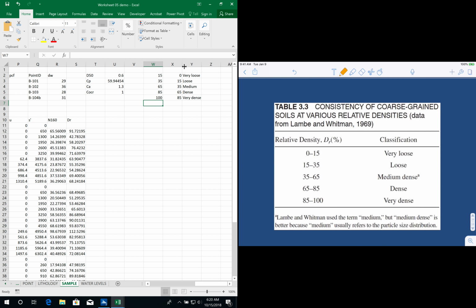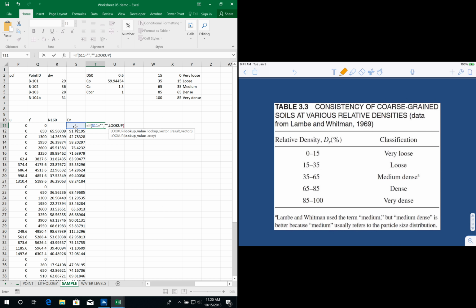And so we can set this up as one more lookup table. If this is equal to nothing, then make it nothing, otherwise look up.